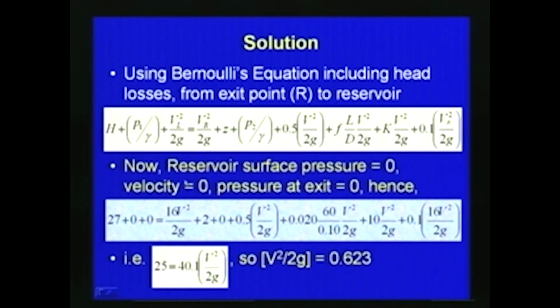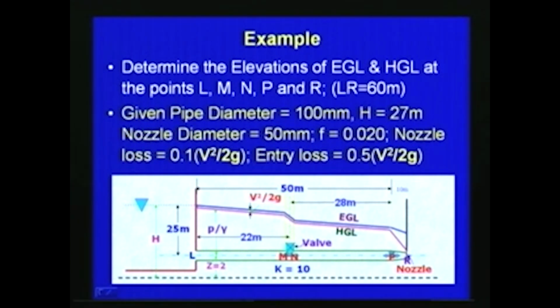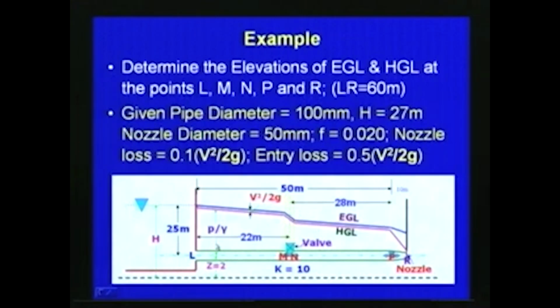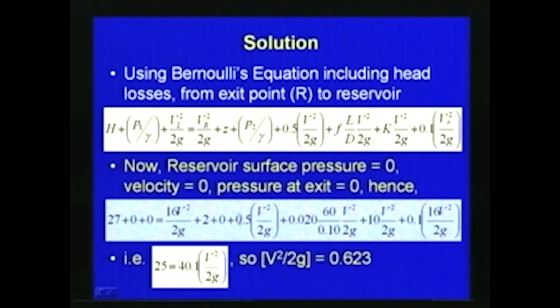So, we are writing VR with respect to the velocity of the pipe, that is 16 V square by 2G, since the pipe diameter is 2 times the nozzle diameter of 50 mm. And then Z is 2 meter, and at the exit we assume the pressure as atmospheric pressure, so P2 by gamma is 0, and then 0.5 V square by 2G, and F is given as 0.02.